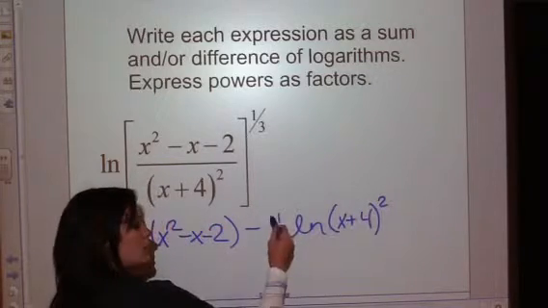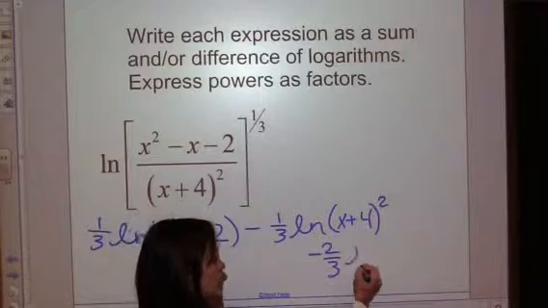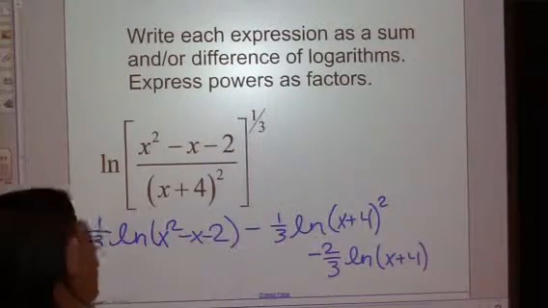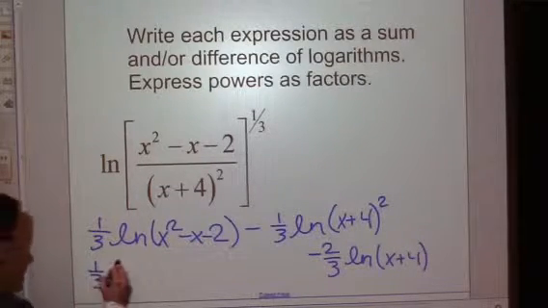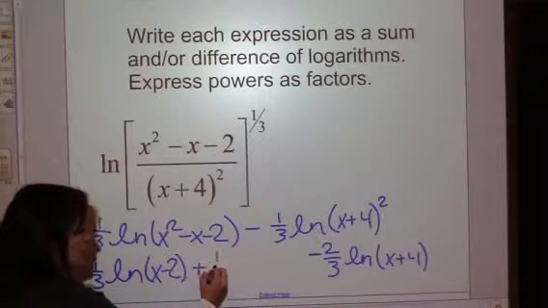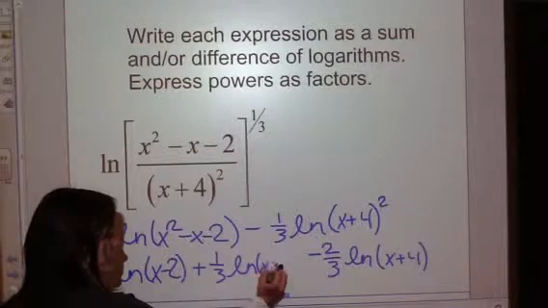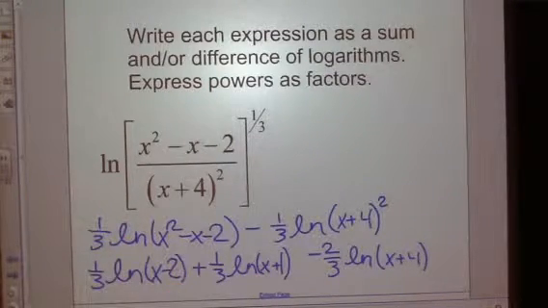Well, the squared can move in front, so you get negative 2/3 when you multiply, and then x plus 4. For those of you that want extra credit, this can factor, so you get a third ln of x minus 2 plus a third ln of x plus 1. And that could be your final answer.